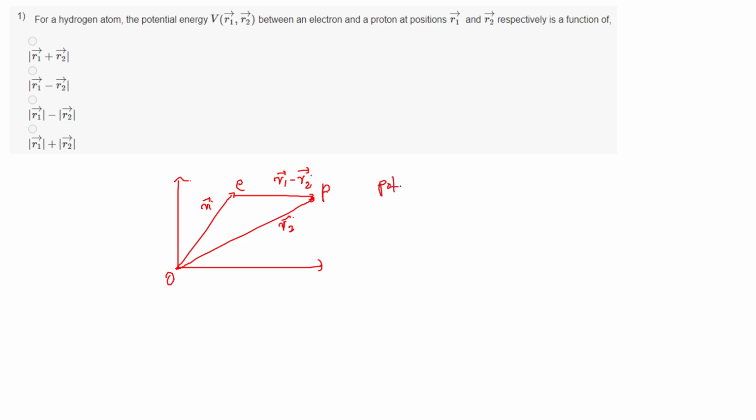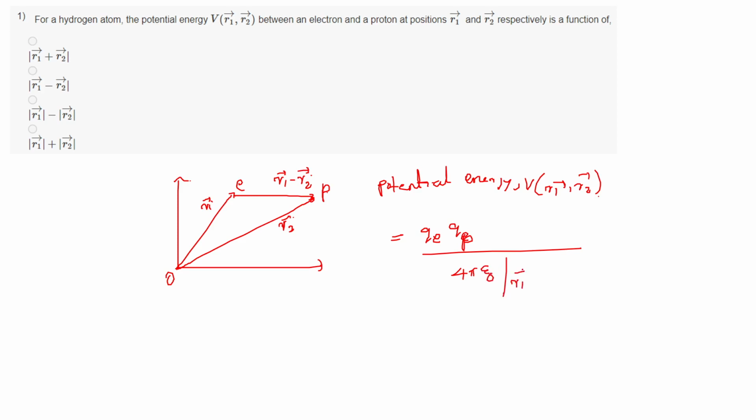Then we know the potential energy V of r1 vector comma r2 vector; the potential depends on the positions. So what will the formula be? We already learned it at plus 2 basics level: Q_e Q_p, the charges of electron and proton, divided by 4 pi epsilon 0 times the magnitude of r1 vector minus r2 vector.